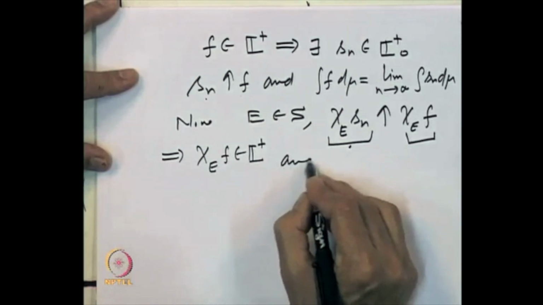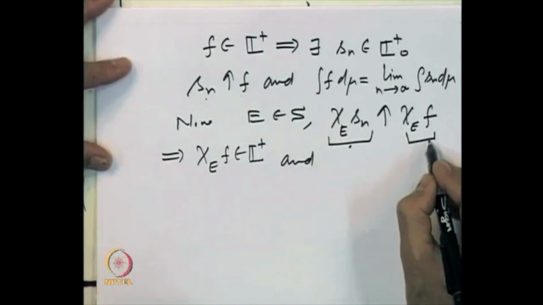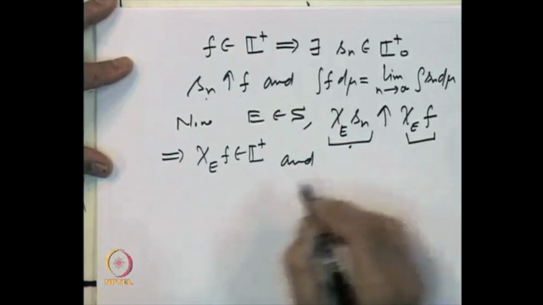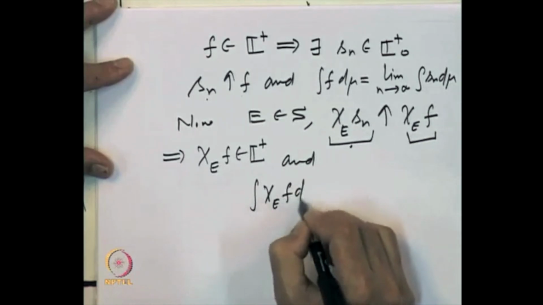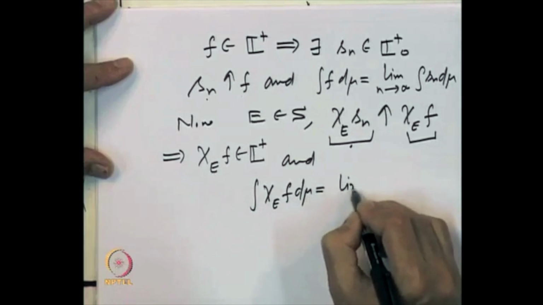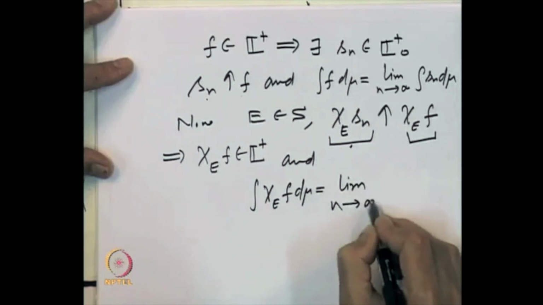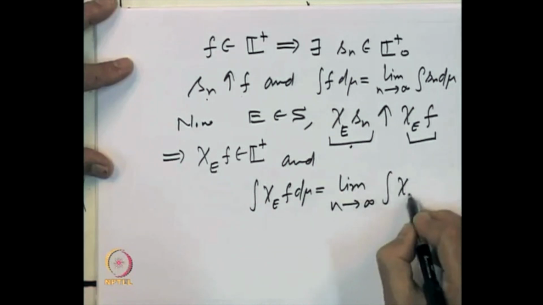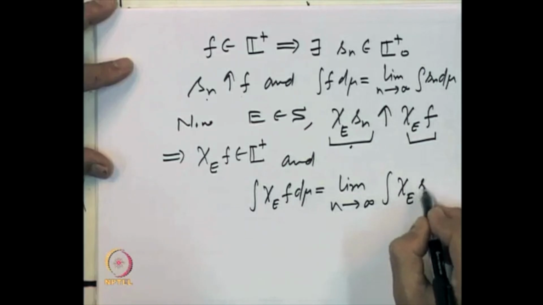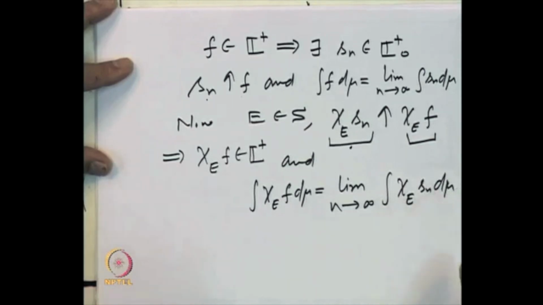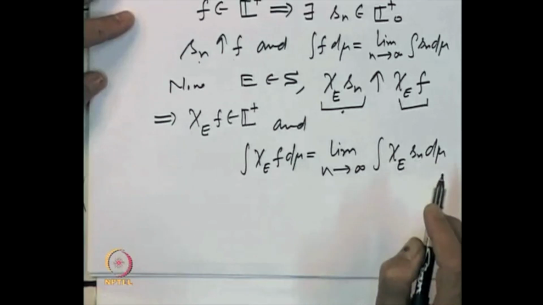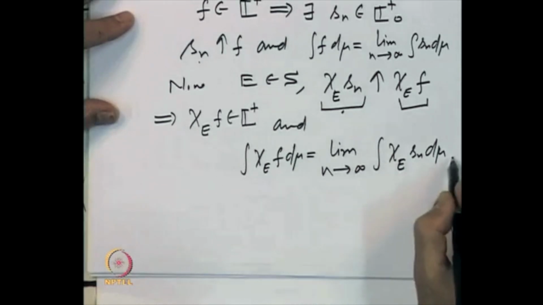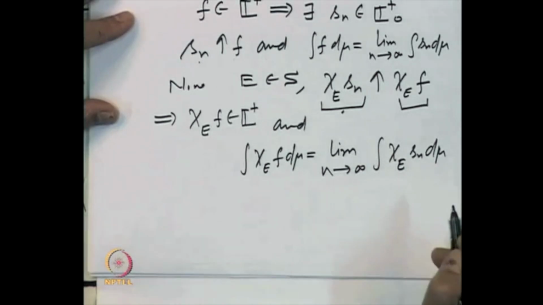And because we have this sequence increasing to this non-negative measurable function, the integral of the indicator function of E times f d mu is nothing but the limit n going to infinity of the integral of the indicator function of E times Sn d mu. This is how the integral is defined.